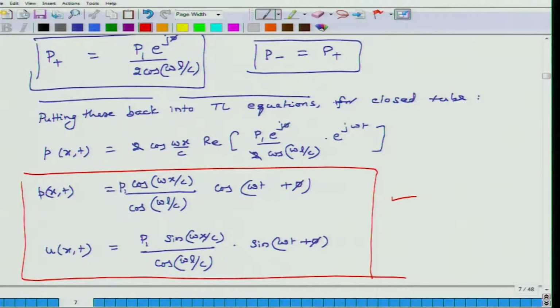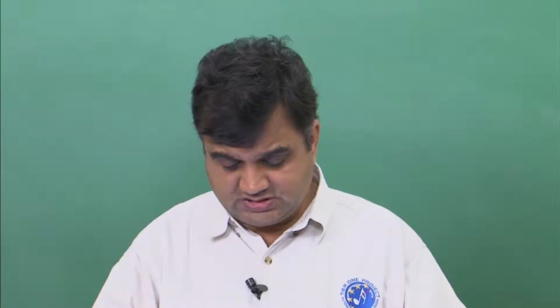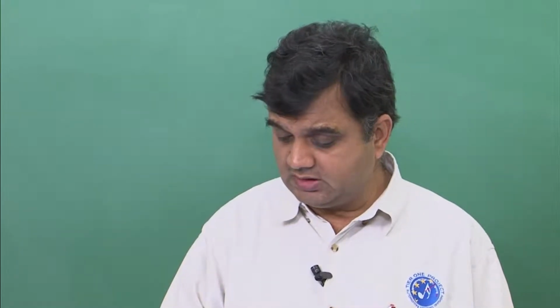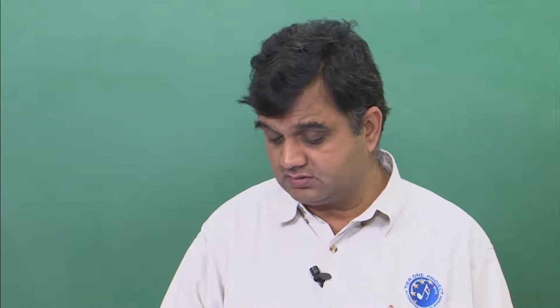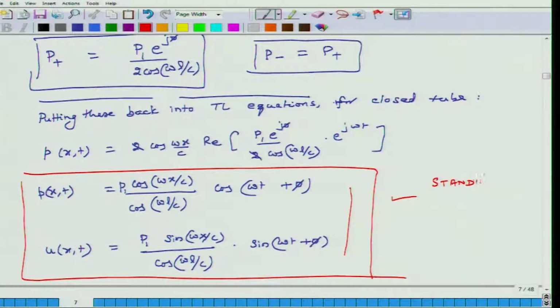But before I formally close this, I wanted to make one or two important observations about this solution. The first thing is that both of these equations are equations for standing waves.